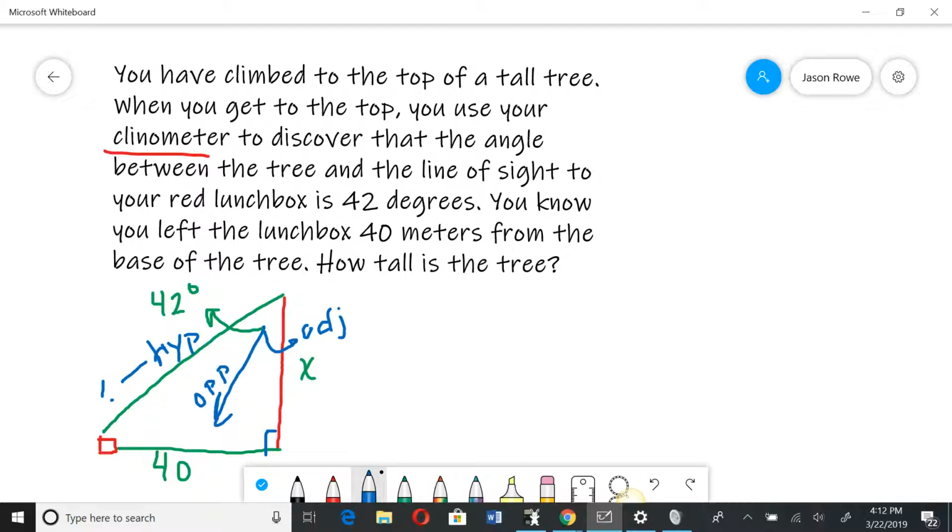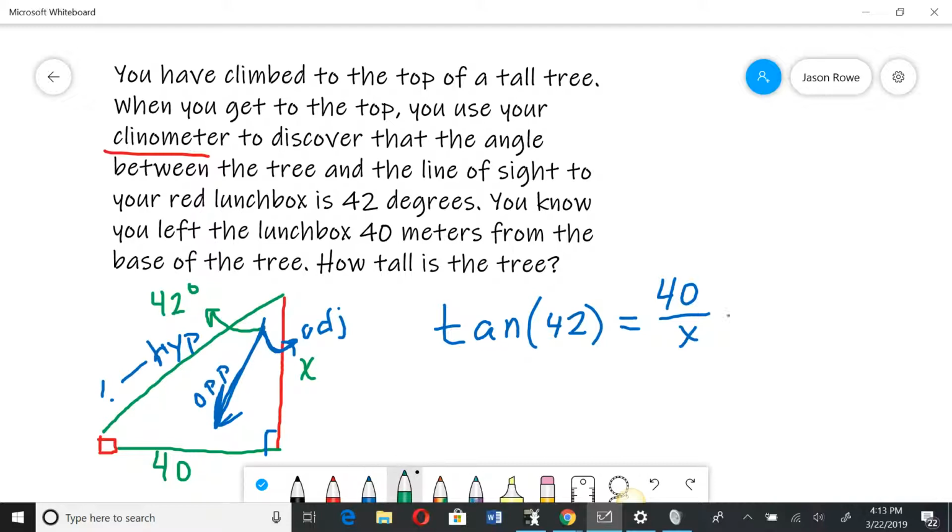And so again, it's going to be a tangent ratio. So we're going to find the tangent. Tangent is opposite over adjacent. It's the tangent of, in this case, 42 degrees. And this time it's going to be the opposite, which is 40, over the adjacent, which is what we don't know, which is x.